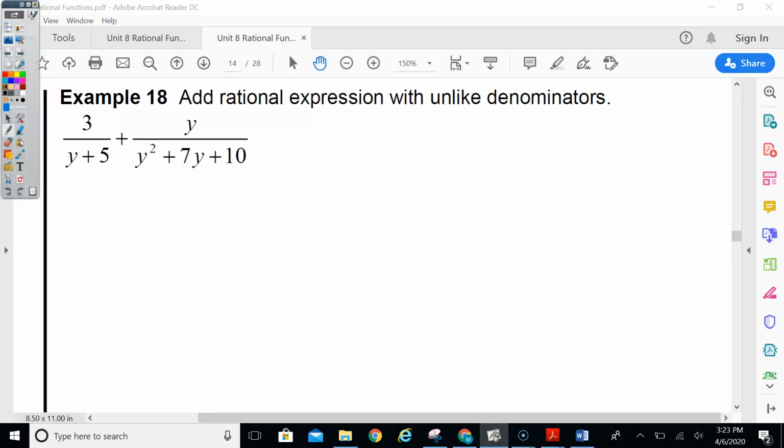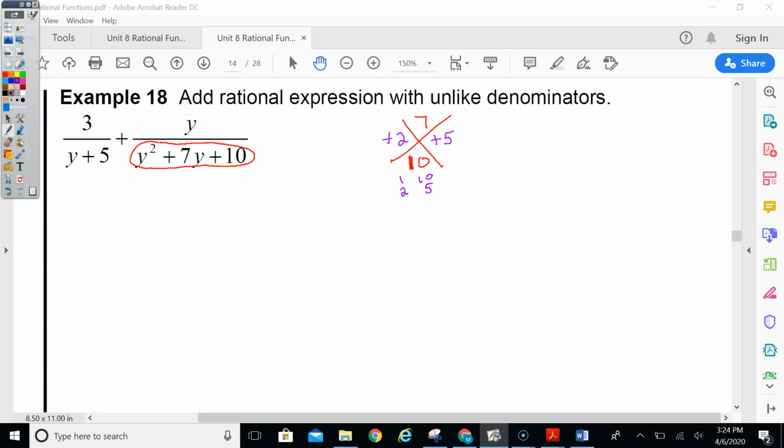But if you notice this denominator over here, it's a quadratic. So we get back to our x's. Come over here and set up an x. The 10 goes on the bottom and the 7 goes on the top. So what are the factors of 10 that add to 7? So 10 is 1 and 10 and 2 and 5. Positive 2 and positive 5 are the ones that add to 7.